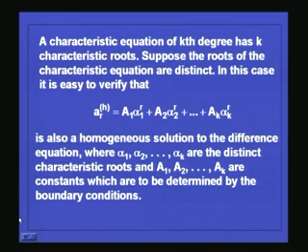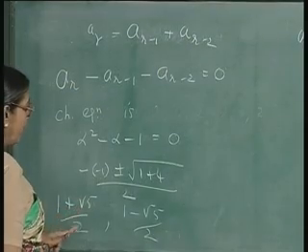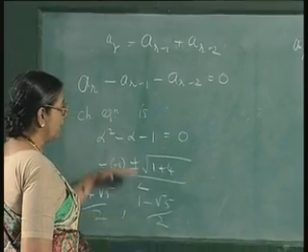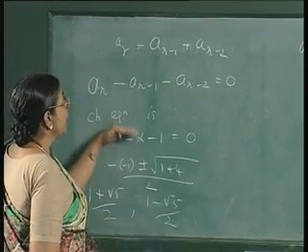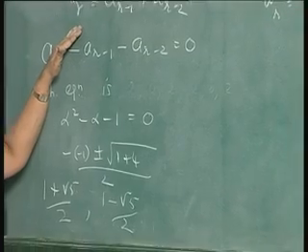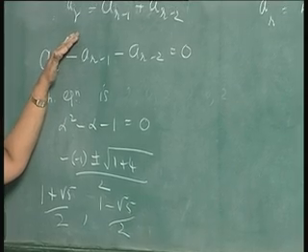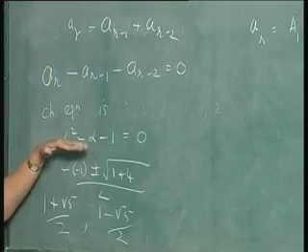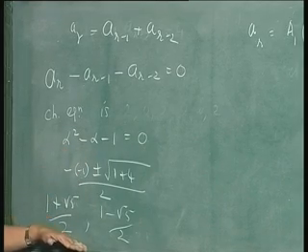So, in this case we can see that (1 + root 5)/2 and (1 - root 5)/2 are distinct roots of this equation. This is a second order linear difference equation with constant coefficients. And if you write the characteristic equation, it is this equation. The roots of this equation are given by this.